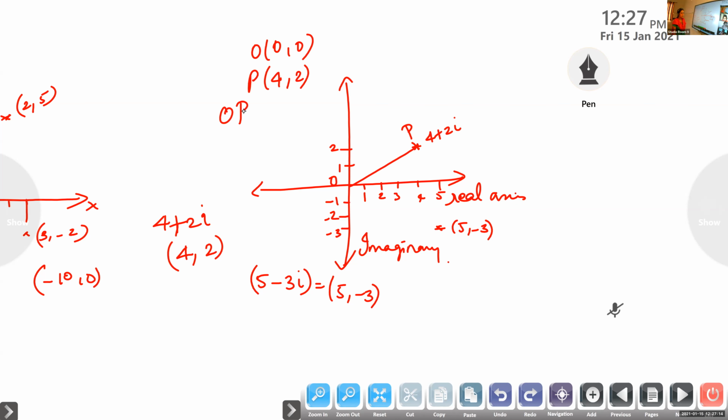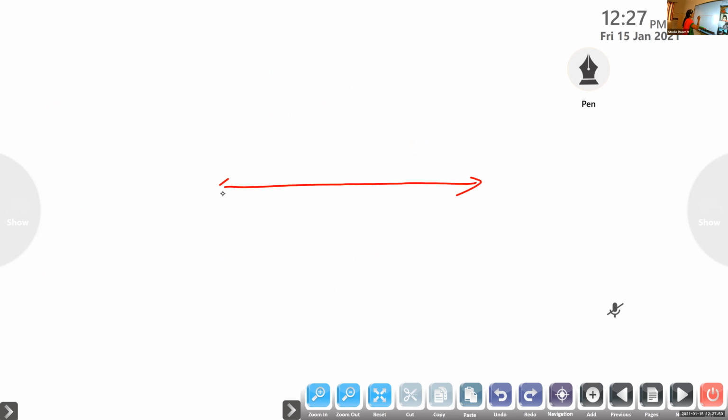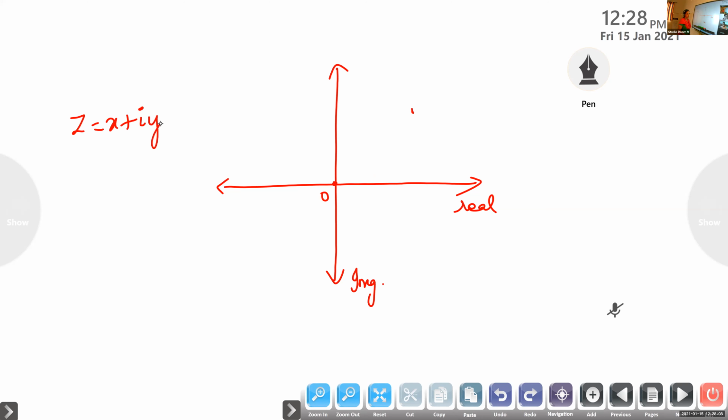Is it clear? This length we call the modulus of a complex number, its magnitude. Generalizing this, suppose you are given two axes x and y. Along the x axis we take real values and along the y axis imaginary values. Let O be the origin. Suppose z is equal to x plus iy is the complex number.